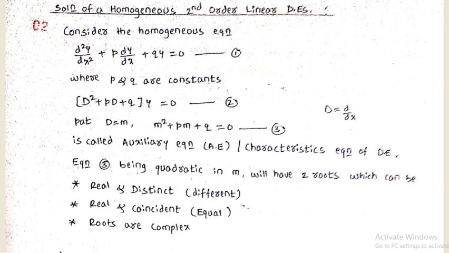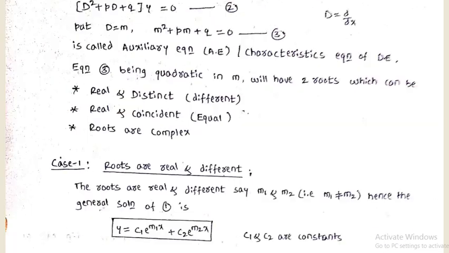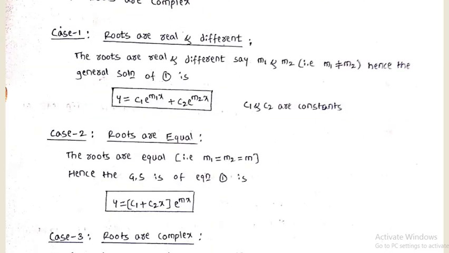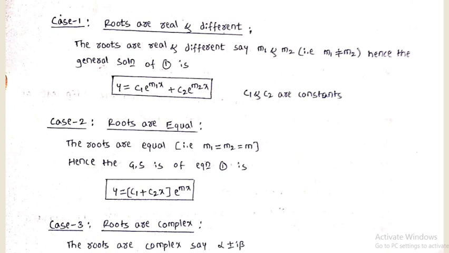So we will discuss these 3 cases one by one, and how to write the general solution for each of these 3 different types of roots. Case number 1: when the roots are real and different, say m1 and m2.